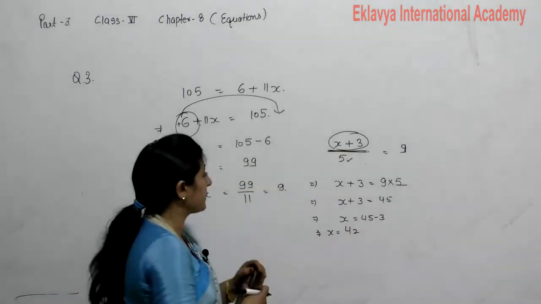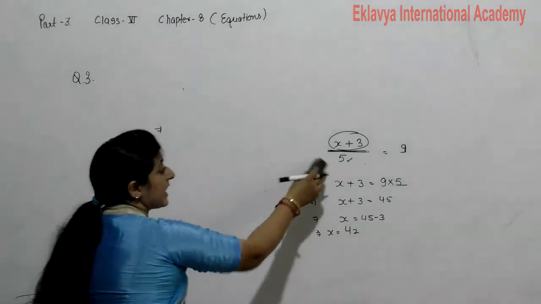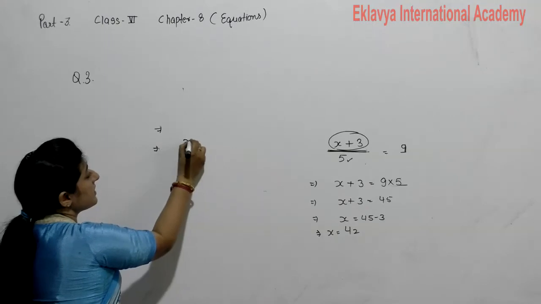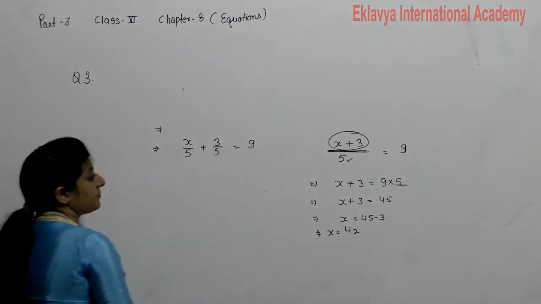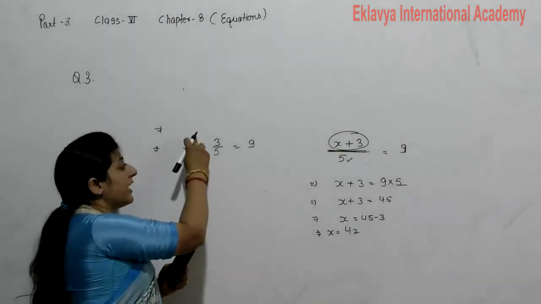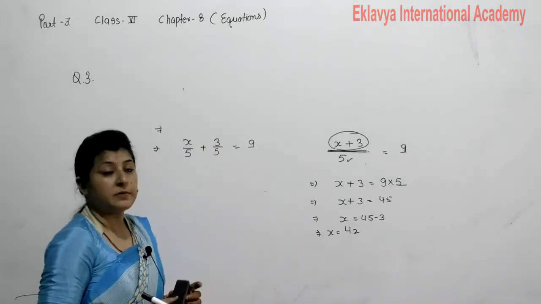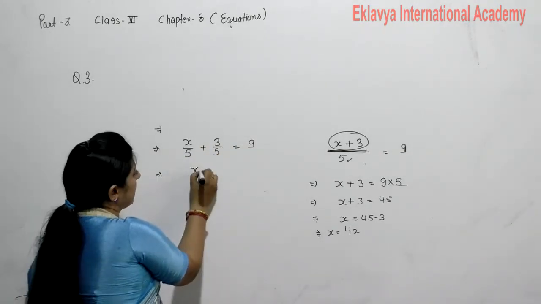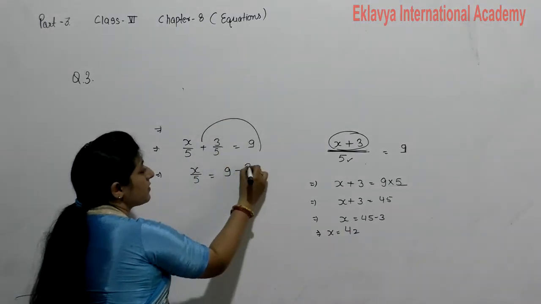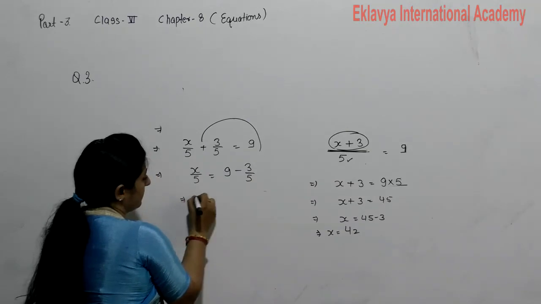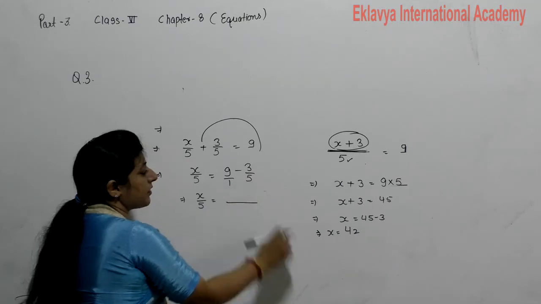One method is this. What is the second method? In this type of problem, firstly you separate it. You write down x by 5 plus 3 by 5 is equal to 9. Then x by 5, here this plus now we will solve as minus. What is the LCM of this? 1 and 5.